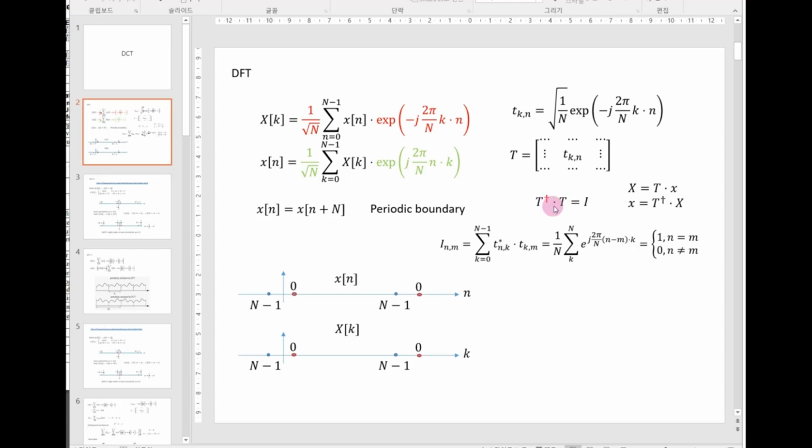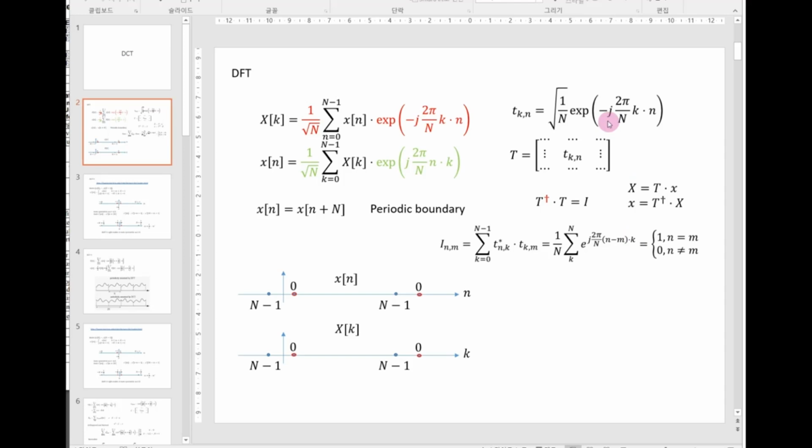If you consider this matrix product, the mth row and nth column can be found by these products. So the nth row and mth column can be obtained in this product. These matrix products are expressed by series summations. Then this product can be expressed in these equations.